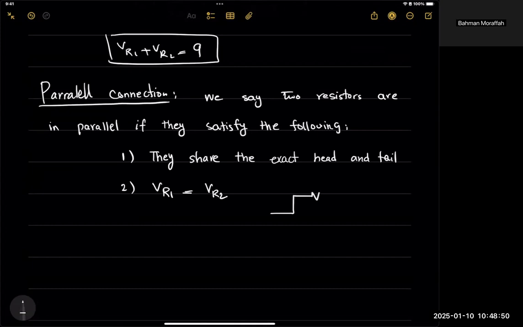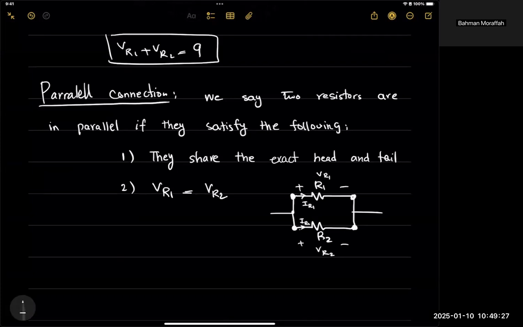So if I want to show it pictorially, I call R1 and R2 in parallel if they have exactly the same head and exactly the same tail. And what I know is that voltage across R1 is exactly the same as voltage across R2. Let's call this V of R1 and this V of R2. We know V of R1 is the same as V of R2. How about the current through R1 and R2?